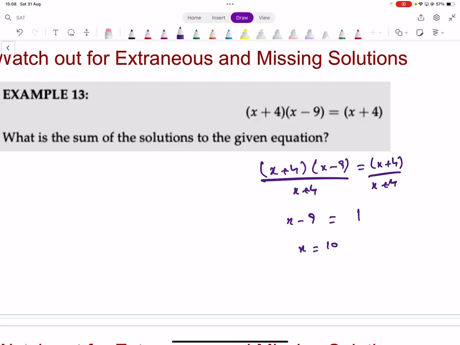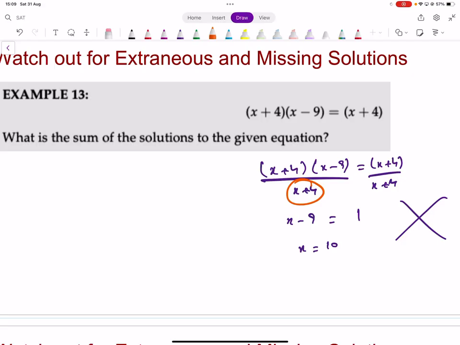This is incorrect. You cannot do this. Why can you not do this? We cannot divide by x plus 4 because x plus 4 is unknown to us, right? What if the value of x was negative 4? We would have 0 in the denominator and that breaks this equation.